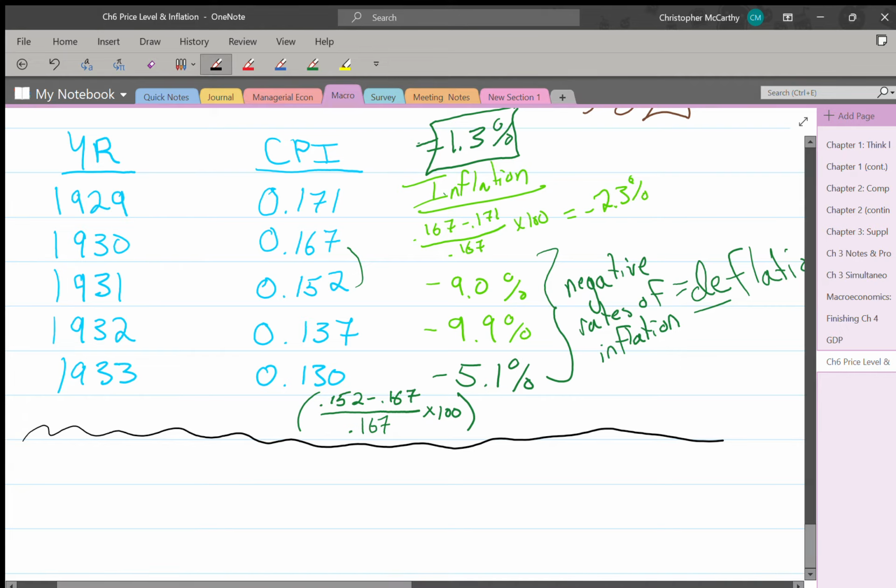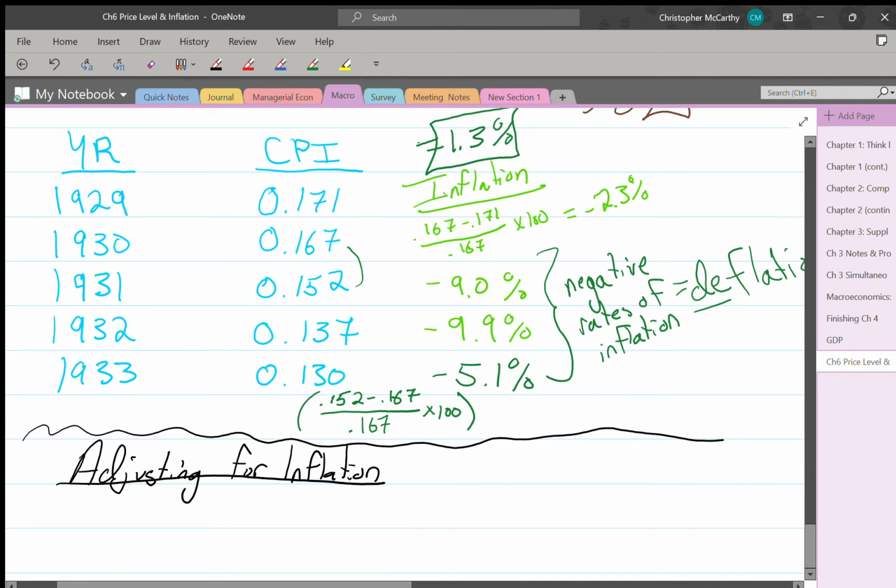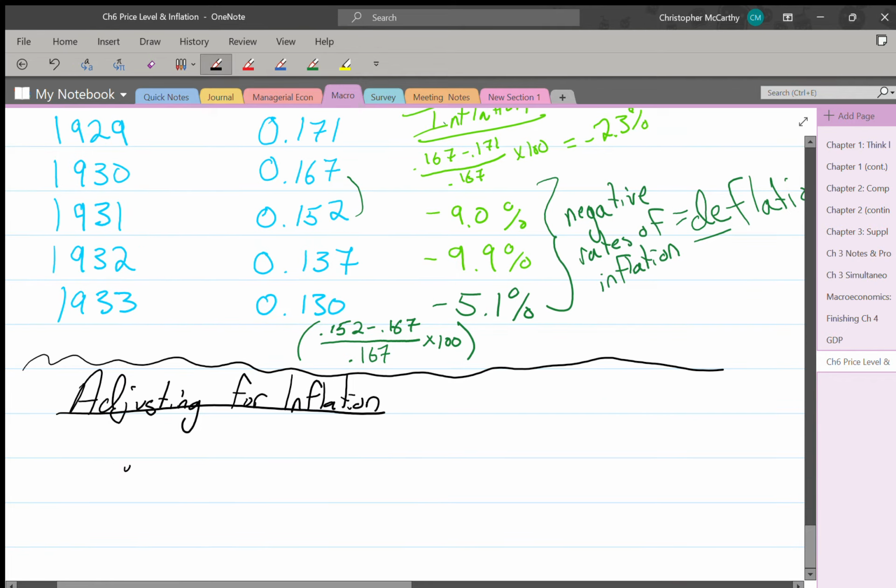So the amounts that we get when we are paid, when we go to Walmart and we buy stuff, the things that we're looking at, those are all nominal amounts.